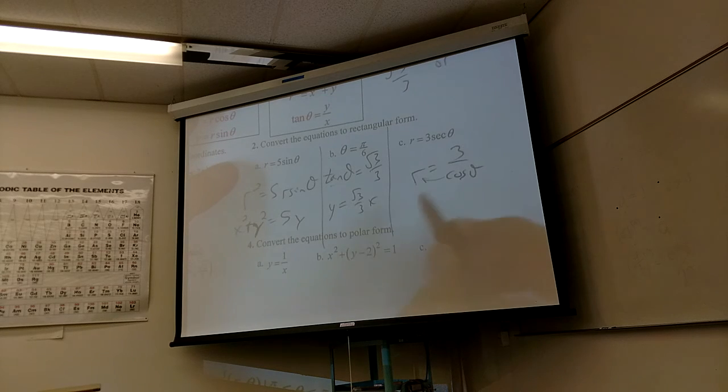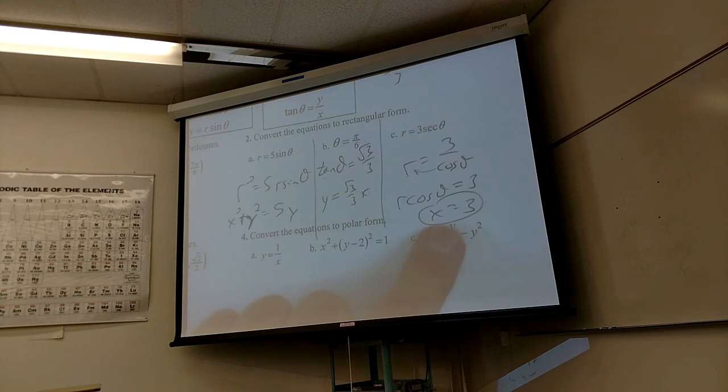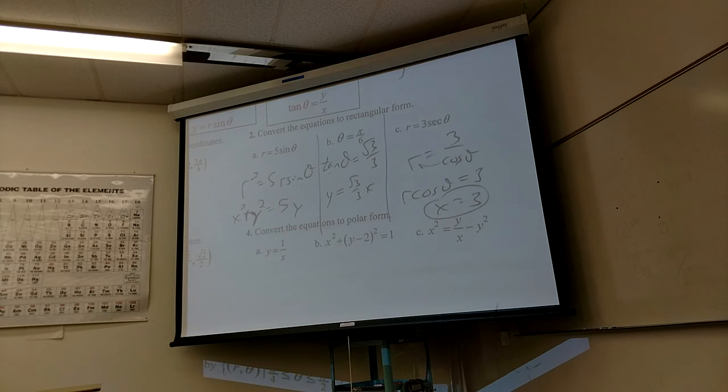And r cosine theta is x. That would be a vertical line, so r equals some number times secant would come out to be a vertical line. Really kind of nifty.